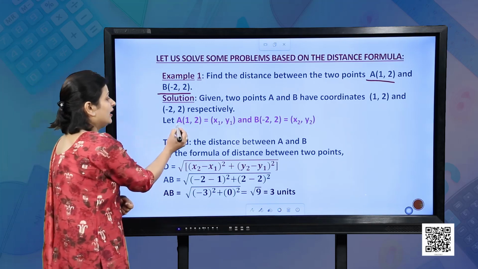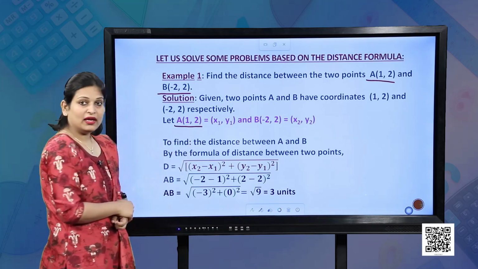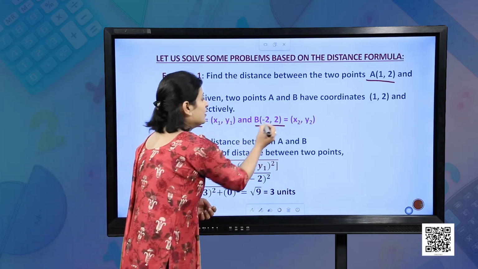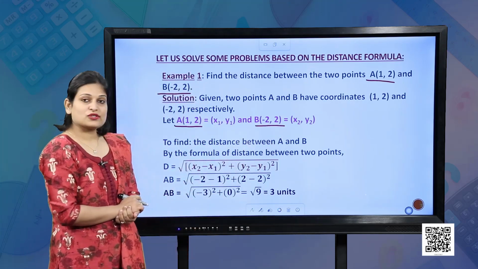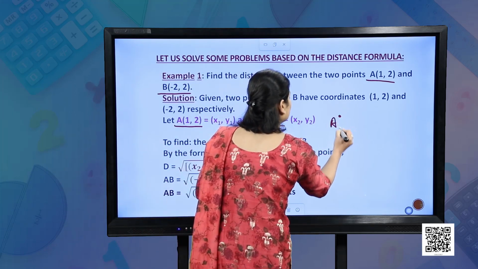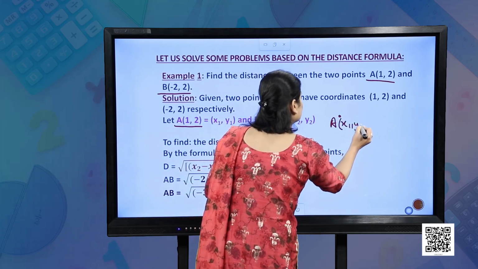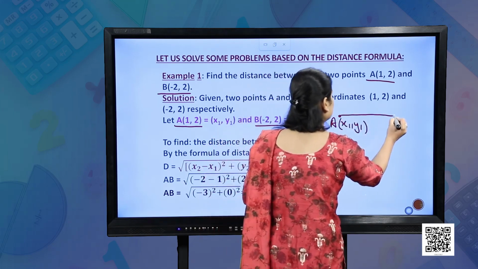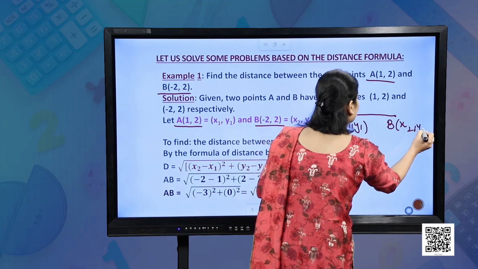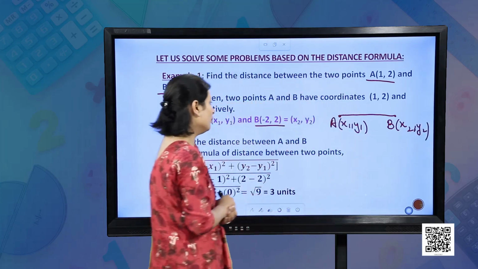So, let A 1, 2 be x1 y1 and B minus 2, 2 be x2 y2. Suppose this is point A and this is point B, and I need to find the distance between these 2 points.